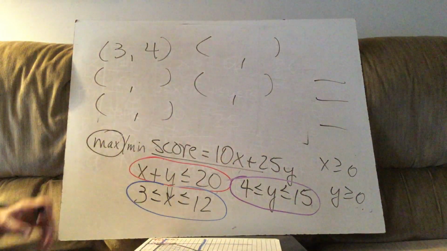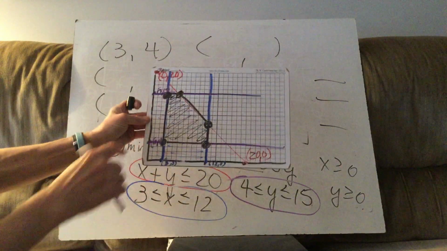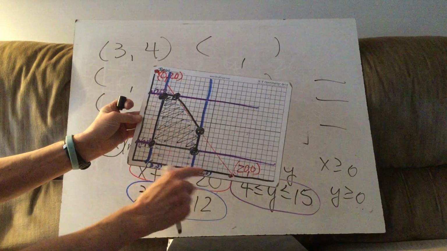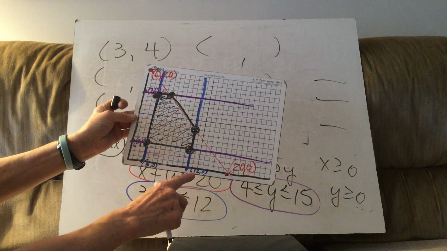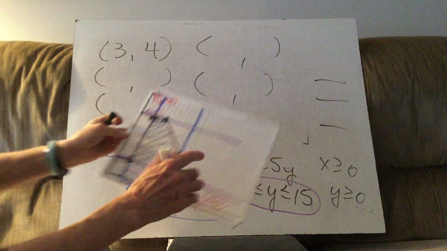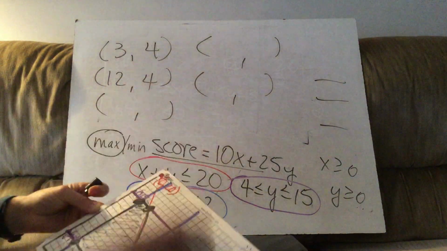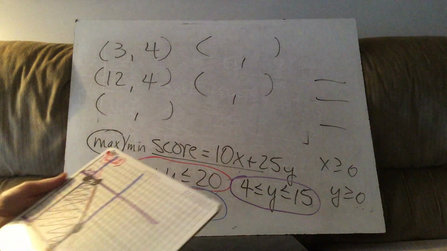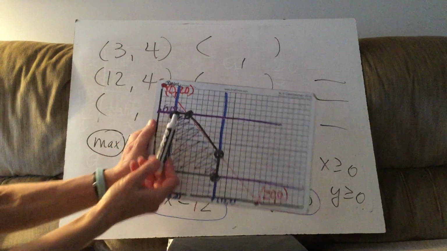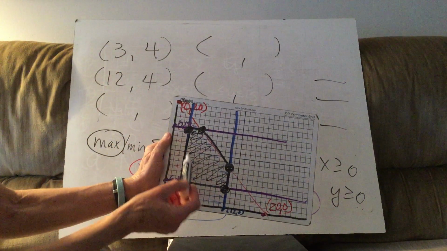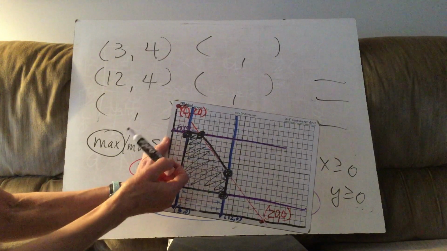Remember, there's 5 of them. Okay, so I did this one. It's 3, 4. Now, this one's equally easy because its X is 12 and its Y is 4. So that's 12, 4. This one right here is equally easy because its X is 3 and its Y is 15.